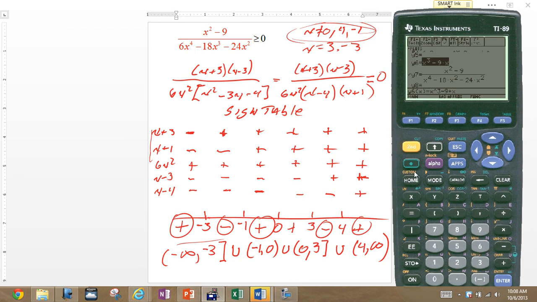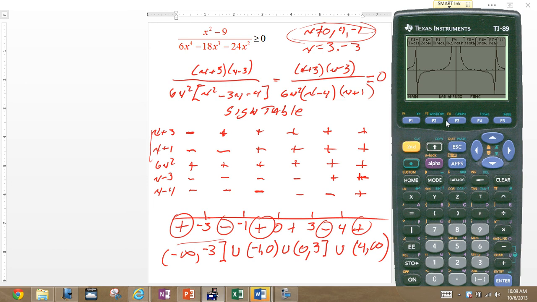So my window is set this way. Here's my window: negative 8 to positive 8 on the x-axis, and a very narrow band along the y-axis from negative 1/2 to positive 1/2. With that in mind, I was able to construct a graph, and here is the graph.